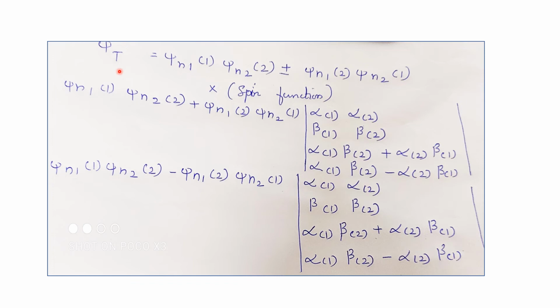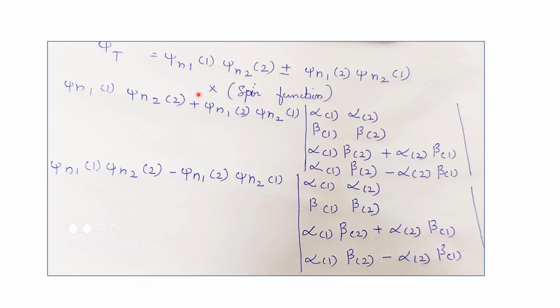Therefore, the total wave function for the system can be expressed as a product of the orbital function and the spin function. Therefore, psi total is equal to psi n11 psi n22 plus or minus psi n12 psi n21 into the spin function.